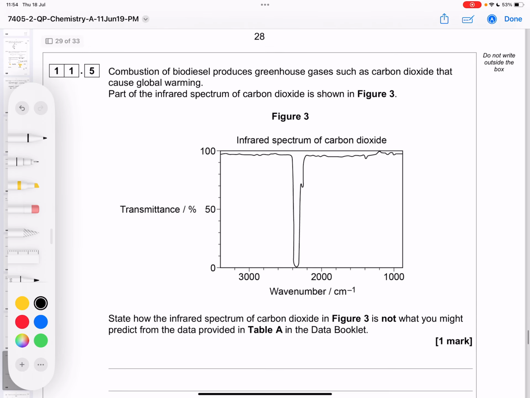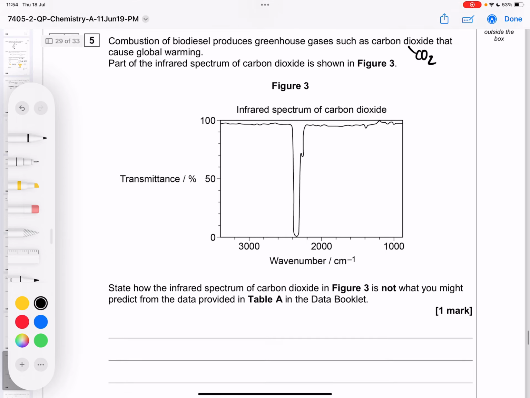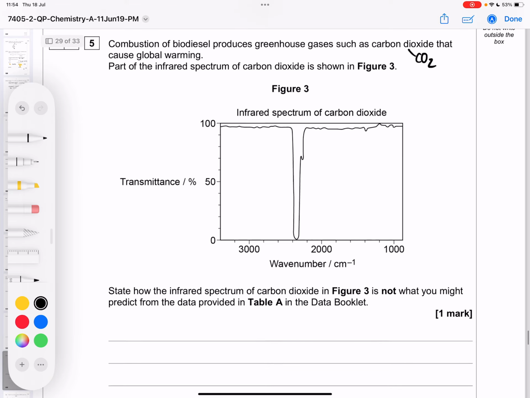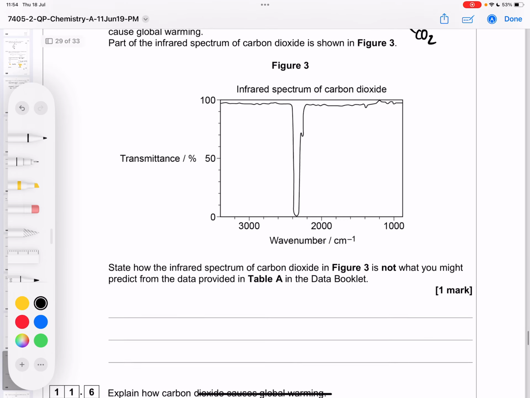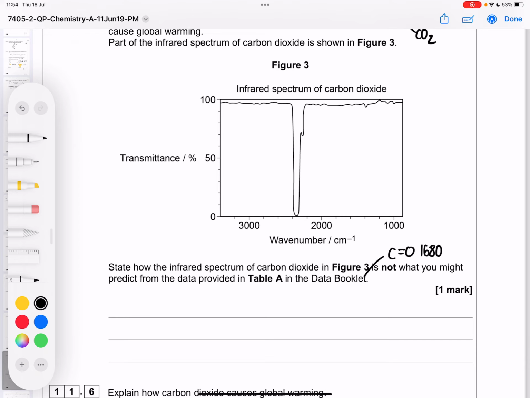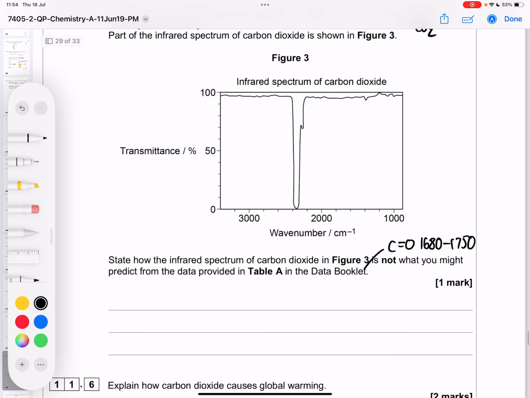Combustion of biodiesel produces greenhouse gases such as carbon dioxide, which cause global warming. Part of the infrared of CO2 is shown. State how this is not what you might predict. So in the data booklet, C double bond O is 1680 to 1750. If we look in table A, our absorption is, this is 2200, this is 2400.